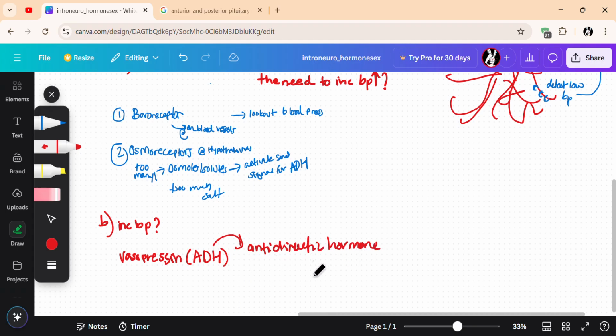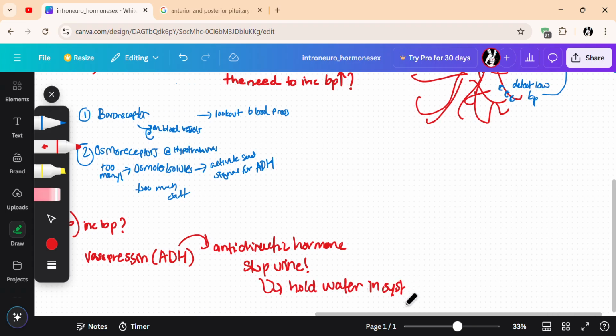Antidiuretic means stop urination hormone, stop urine, and what it's basically trying to do by stopping the urine output is hold water in the system.